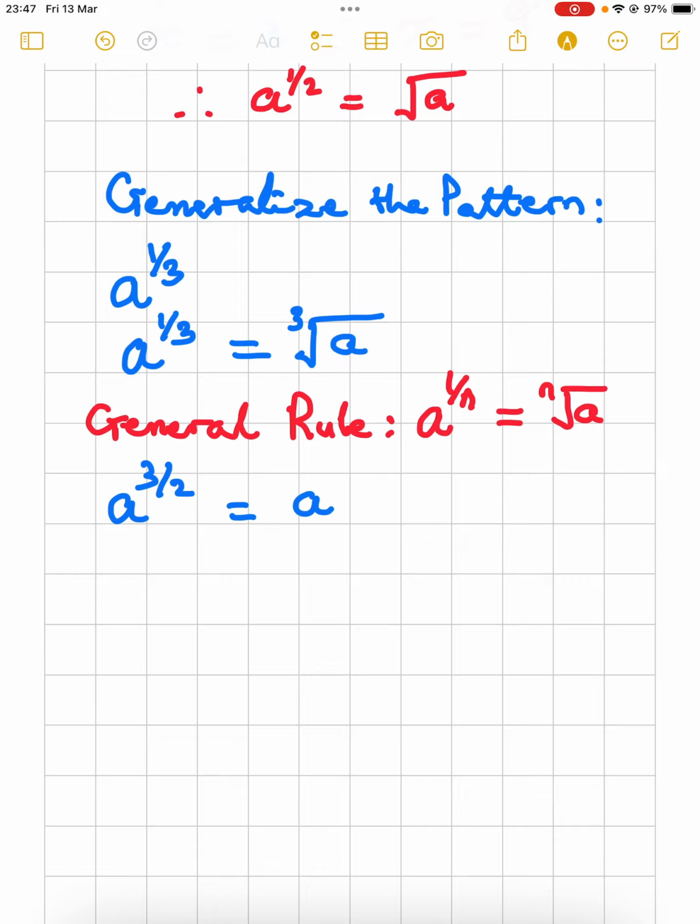This could mean a raised to power 3 multiplied by half, or a raised to power half raised to power 3. Any of that will always work.